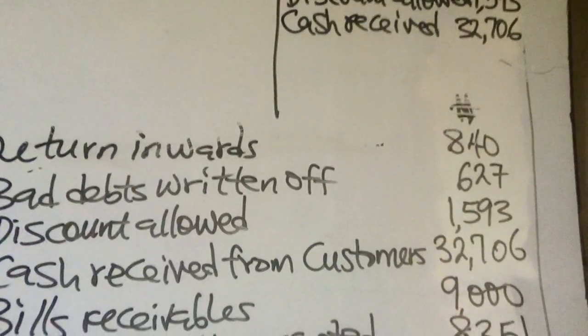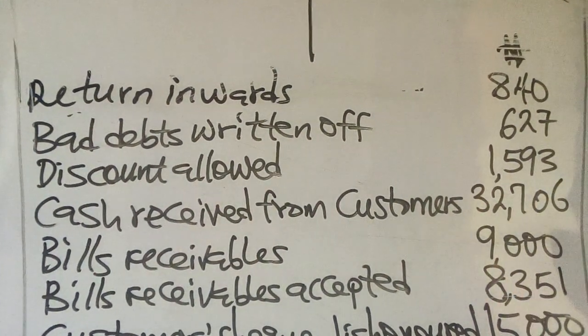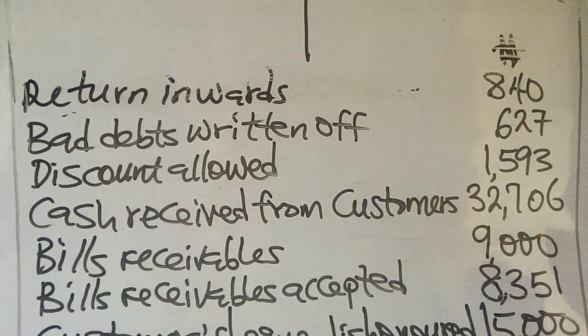Then we also have bills receivable. I've told you that where both bills receivable and bills receivable accepted are given, bills receivable should be ignored while you record only the bills receivable accepted. But where only bills receivable is given in the question and there is no bills receivable accepted, then you record that bills receivable.